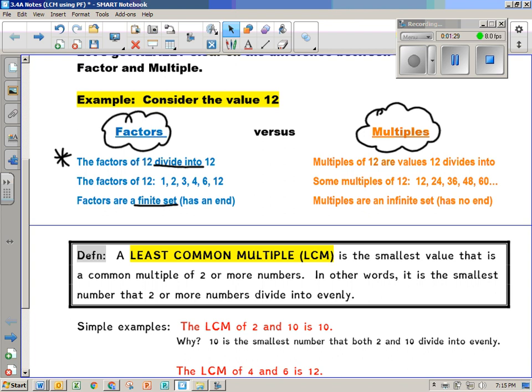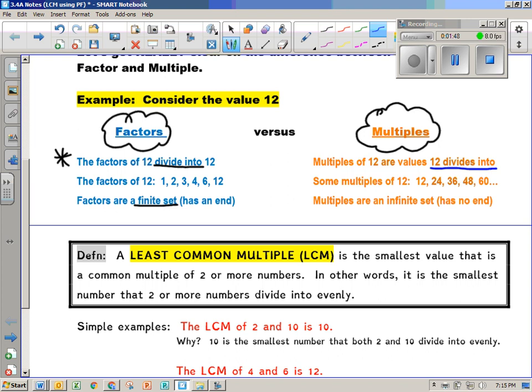Multiples, on the other hand, are very, very different. Multiples of 12 are values that 12 divides into, not that go into 12. There's a very big difference in how you say that.